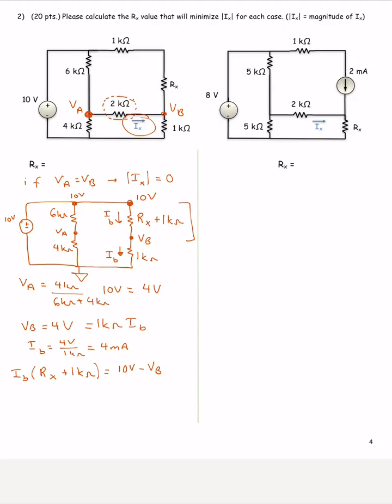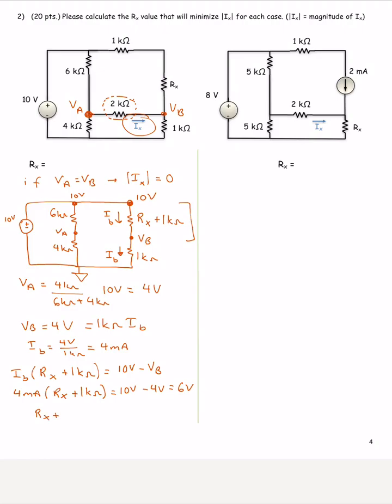Here we know what IB is, it's 4 milliamps. Rx plus 1 kilo ohm equals 10 volts, and we know what VB is, 4 volts. It gets us 6 volts.